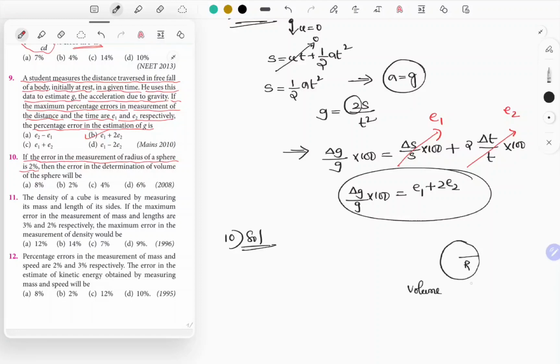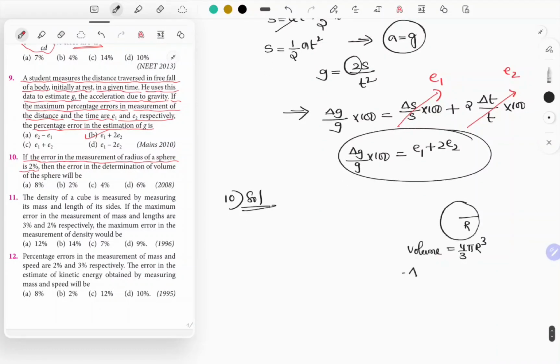Volume of sphere is equal to 4 by 3 pi R cube. Area of sphere is equal to 4 pi R square. Now the question they have given is, there is a percentage error present in the measurement of radius, and that is represented as delta R by R into 100, which is equal to 2%.